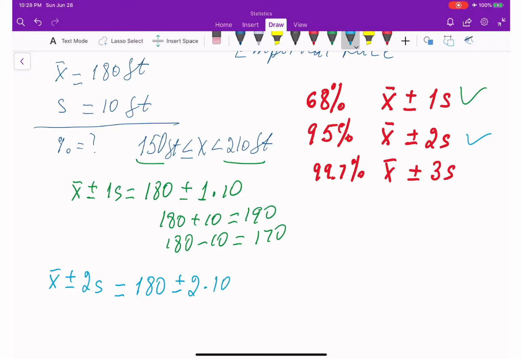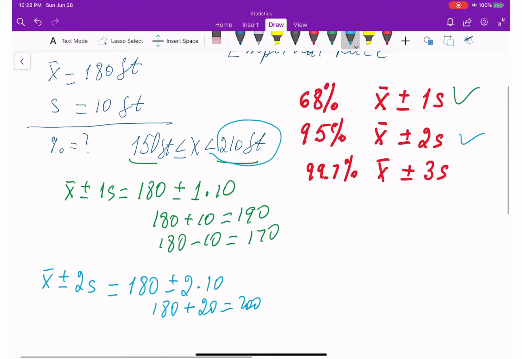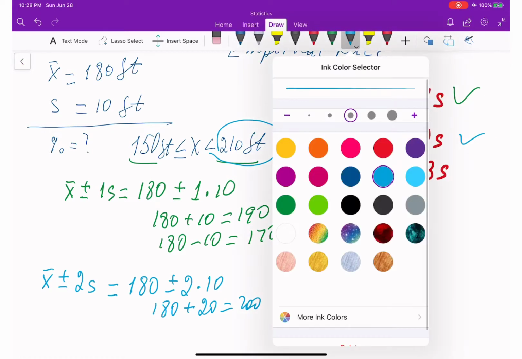So 180 plus 2 times 10 is 20, it's going to be 200. I'm looking, it doesn't match my upper limit, so I don't even need to continue with minus 20, right?